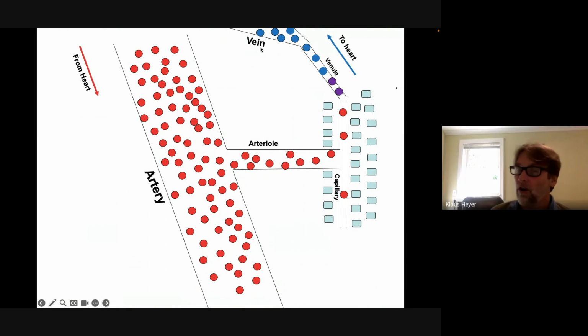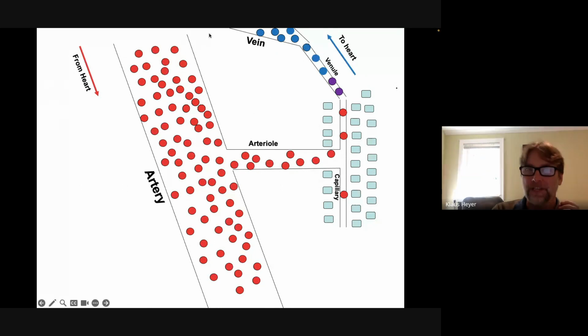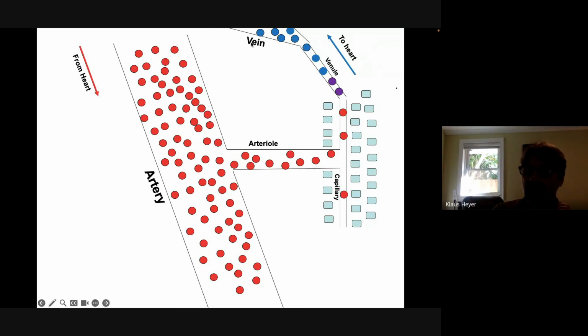All the veins we're talking about on the return trip. So an artery going back to the heart is not going to be an artery, it's going to be a vein, and all the veins converge into the superior and inferior vena cava. So if I were to continue this vein and make it even larger, I would put vena cava.